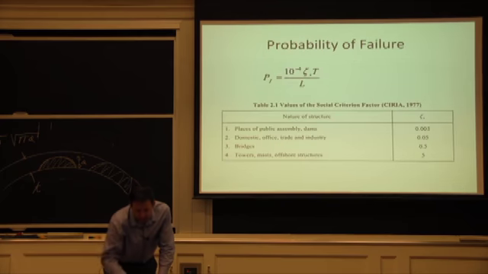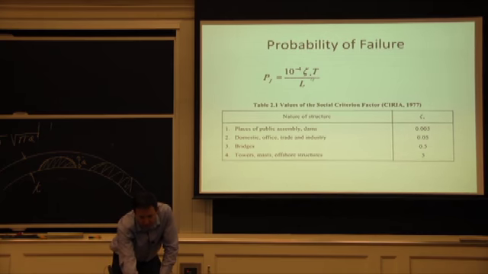And that's taking into account in this basic criteria where you have multiple factors. So you have time that's coming in, or frequency that's coming in, and then you have for various structures this social criterion factor.